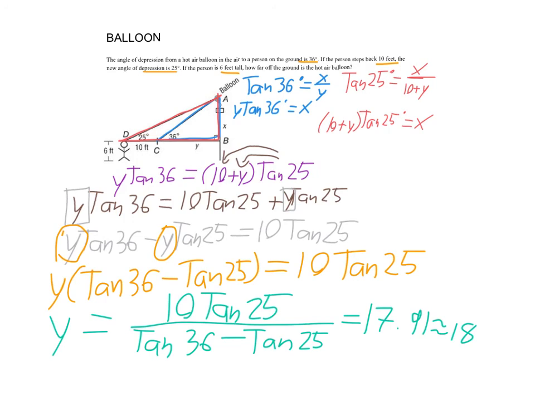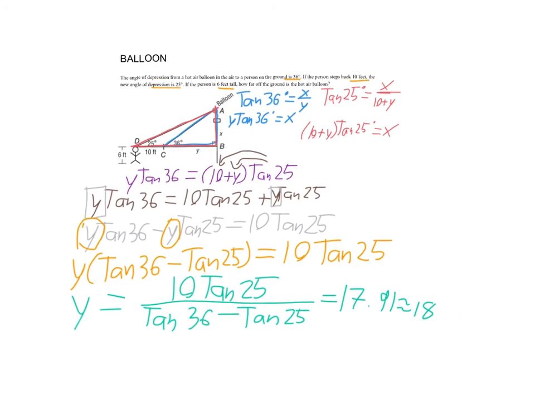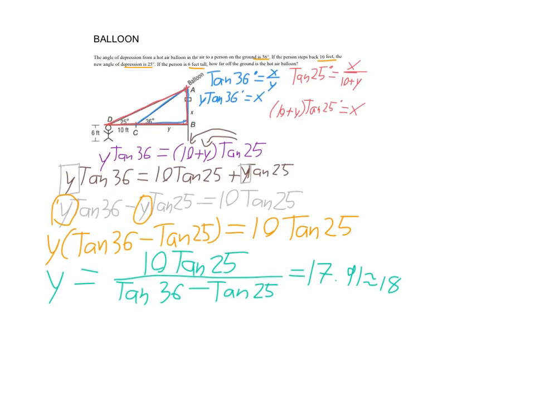If y is equal to 18, we can plug that back into our blue equation, or the red one if you prefer, such that my blue equation was y times the tangent of 36 equals x.